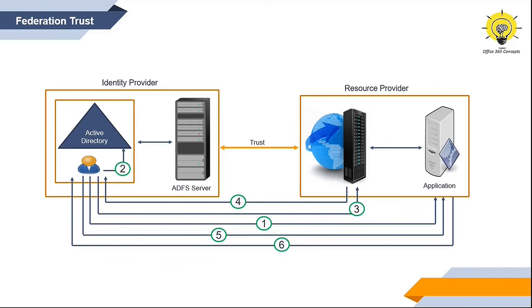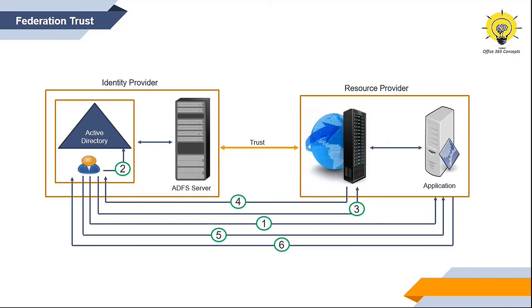One important thing we need to notice in this example is that the entire communication among the user, identity provider, and the resource provider is handled by the user itself. In ADFS, the entire communication is handled by the client machine. The identity provider does not directly contact the resource provider.